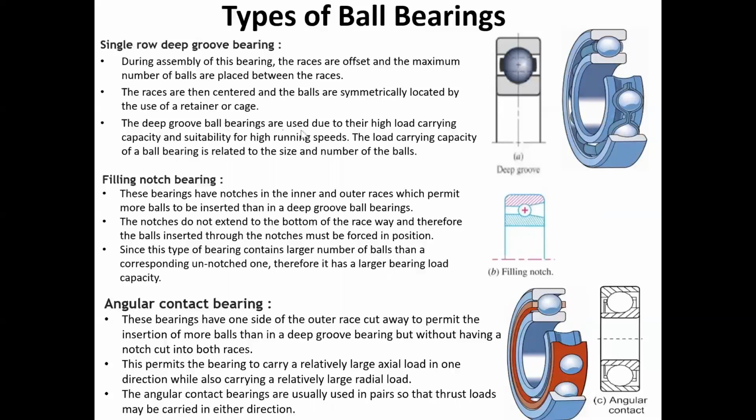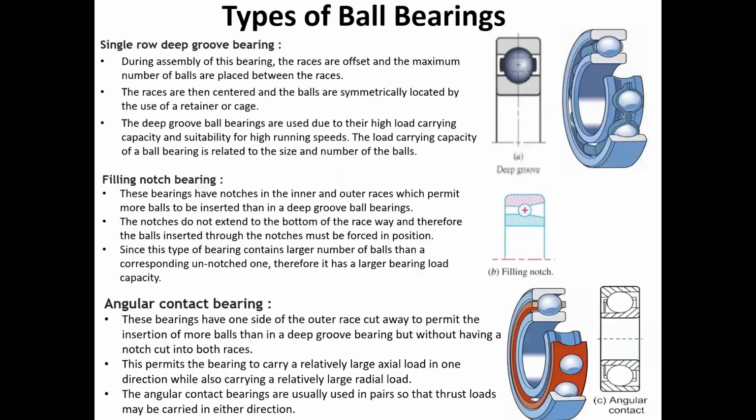Okay, the deep groove ball bearings are used due to their high load carrying capacity and suitability for high running speed. The load carrying capacity of a ball bearing is related to the size and the number of balls.